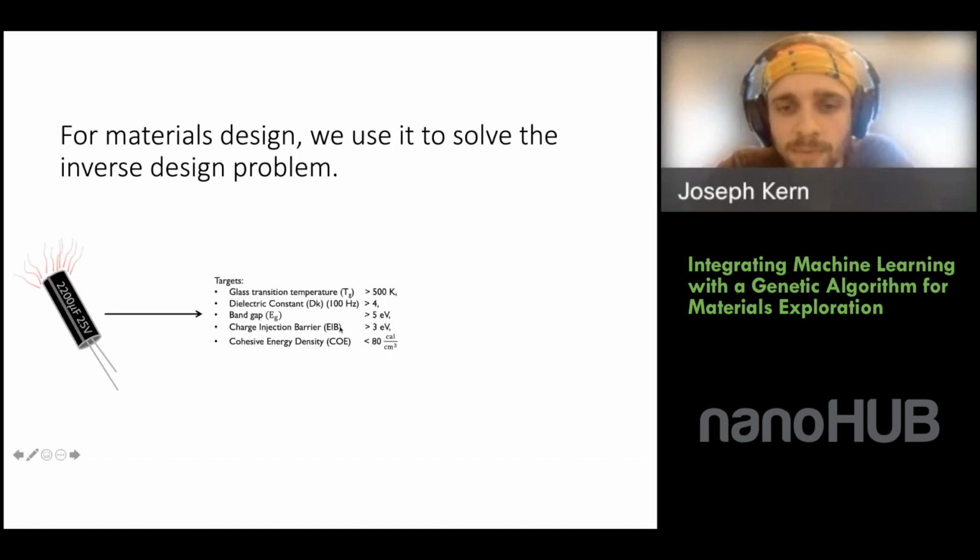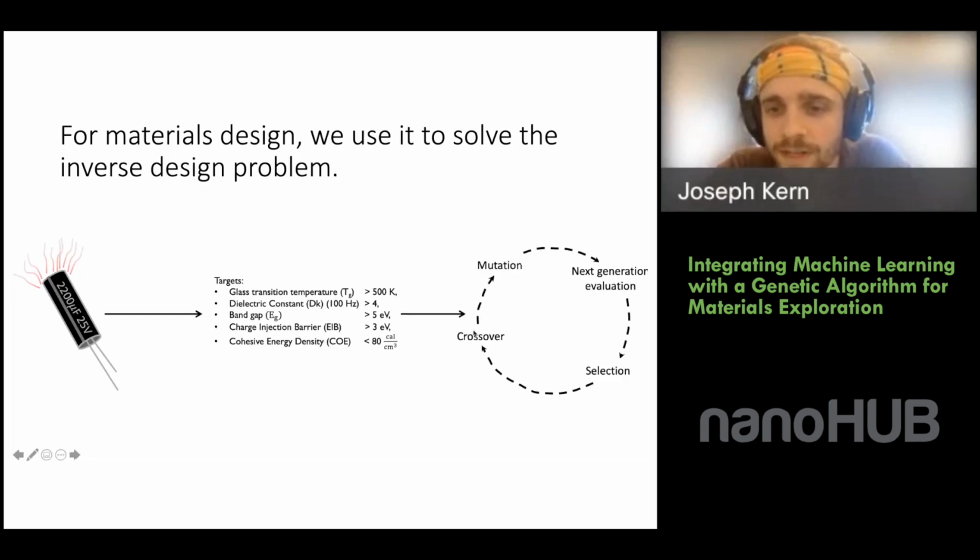So in this case, maybe a temperature of 500 Kelvin that it can withstand. We use some proxy properties. So glass transition temperature might be a proxy for temperature resistance. Dielectric constant is related to energy density. So we want a high energy density, so it's a smaller capacitor. And then band gap, charge ejection barrier. These are kind of related to the ability of the material to withstand high electric fields. And then we use the genetic algorithm to actually design these materials.